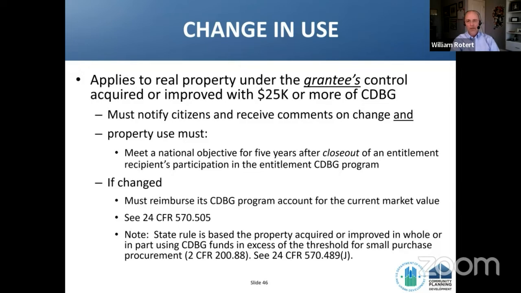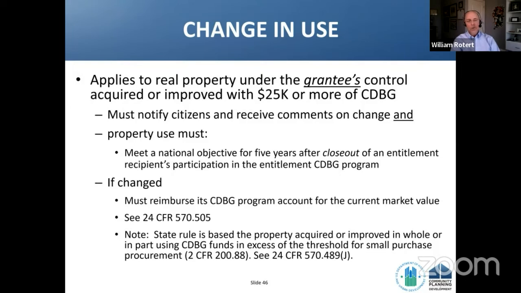What does that mean? I've never dealt with an entitlement city that terminated their participation in the program. I've dealt with entitlement cities that chose not to receive their funds at all, but I've never had one that terminated their program. But if that were to happen, the rules apply for 5 years after closeout of that entitlement recipient's participation in the program.